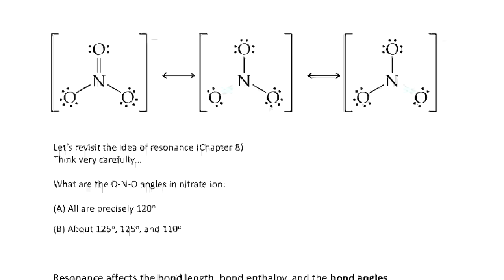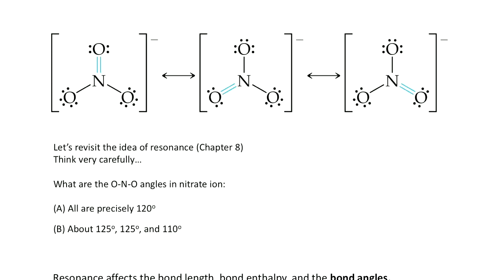Let's revisit resonance from chapter 8. So we're still talking about deviations from bond angles. All right, so look at this example. This is nitrate. So remember we talked about nitrate, right? And we can calculate the bond order for the NO bonds in this molecule. Does this molecule have 2 long bonds and 1 short bond?